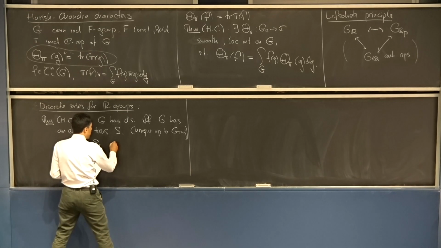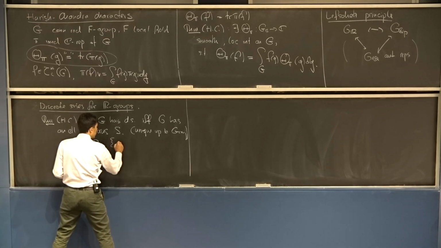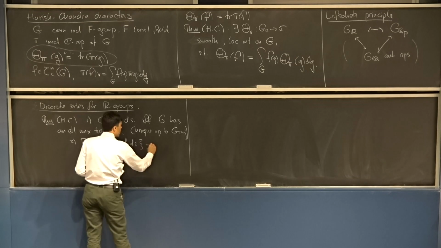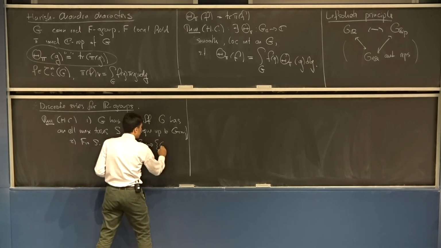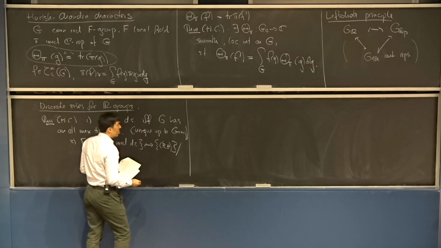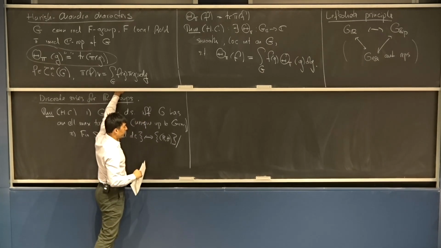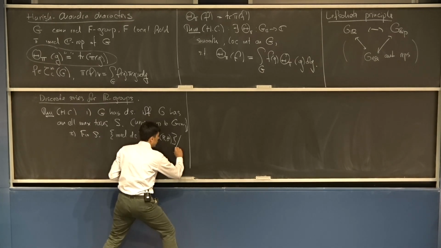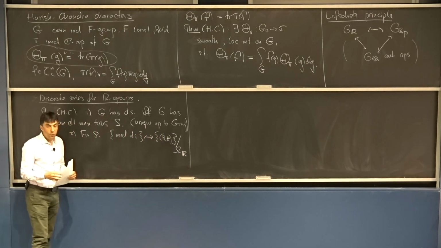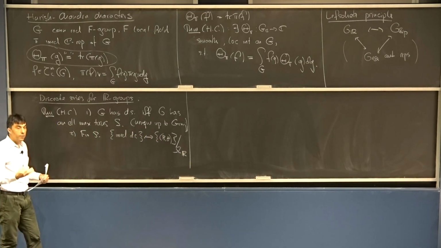Then there is a bijection between the irreducible discrete series representations and pairs of B and theta up to conjugation by the Weyl group. Let me write omega R for the elements of the Weyl group that come from real points in the normalizer.